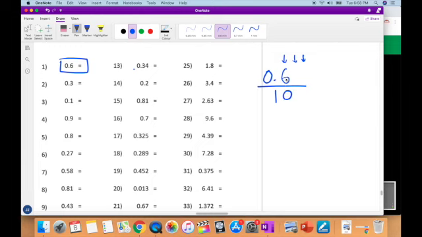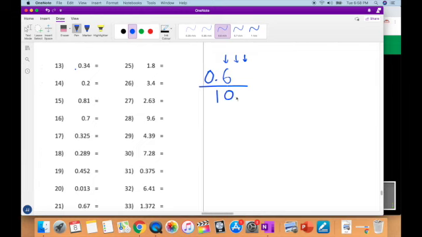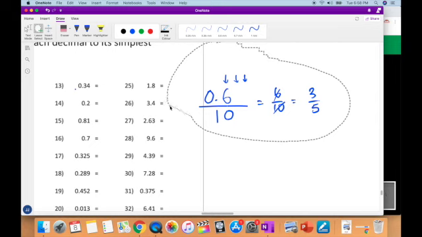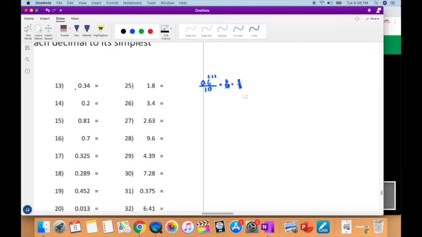In this case, we only have 1 decimal place. So therefore, we have 6/10, and that 6/10 could cancel to get what? 3/5? Is that what you got, Scotia? Yeah. Alright, nice. So we have 3/5.